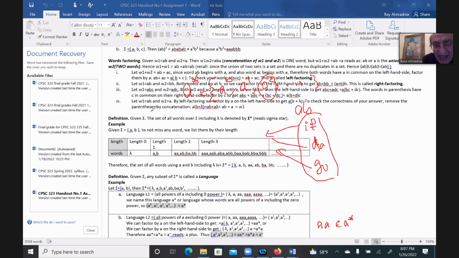Now, what happens if I have only powers of A, A squared, A cubed, and so on? I don't have lambda. Who is this guy here? Let's see if we can find a name for this one.